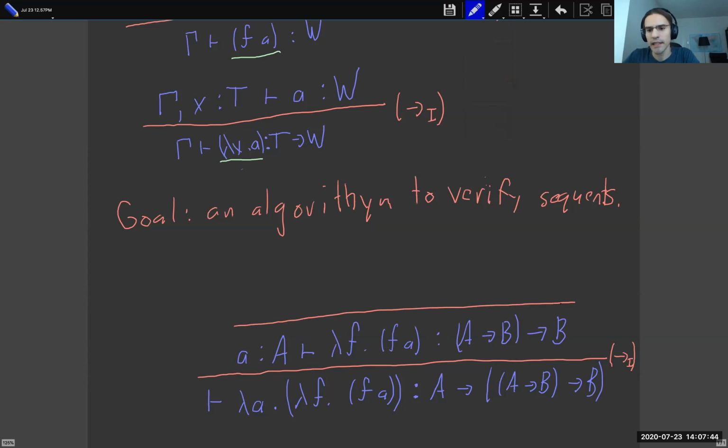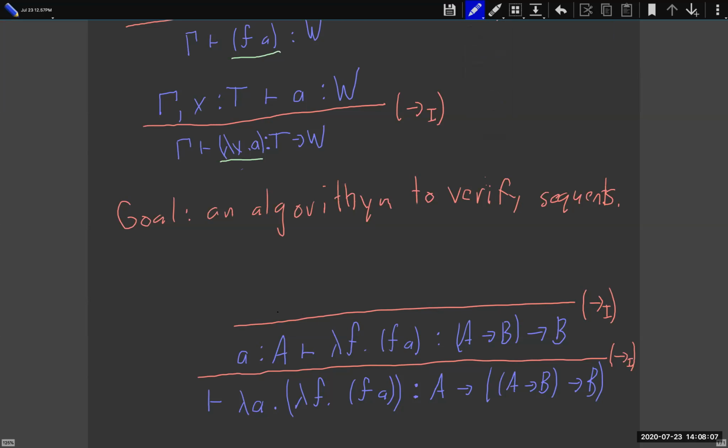Now, looking at this, what rule had to be used again at the conclusion? Abstraction. Well, that's the grammar variant. The rule corresponding to that grammar variant is implication introduction. Is that right? And so tell me what the premises have to be.